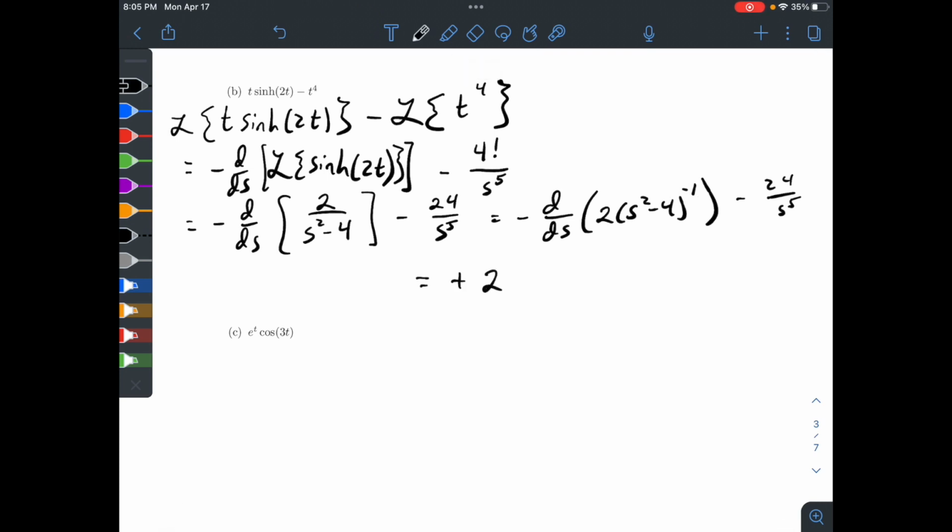So double negatives, positive: 2 times (s squared minus 4) to the -2. And then by the chain rule, times the derivative of the inside, s squared minus 4, which is 2s. And this would be our answer. Of course, you could simplify this to 4s over (s squared minus 4) squared.